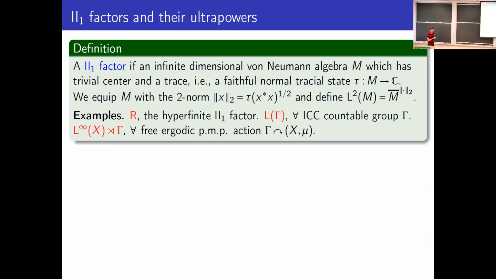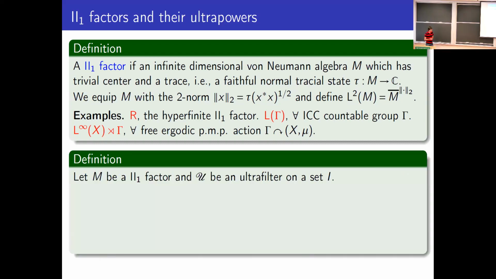All right, so these are II1 factors. And as I was saying, to define existential closedness, I'll use ultrapowers. So what are these?